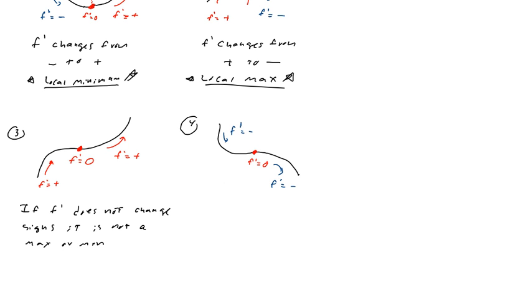So if f prime does not flip signs from section to section, you know it's not a max, it's not a min, it doesn't go any direction. It makes a little s. Okay.